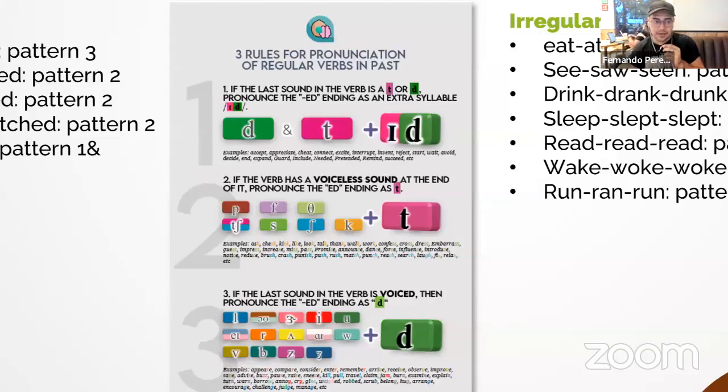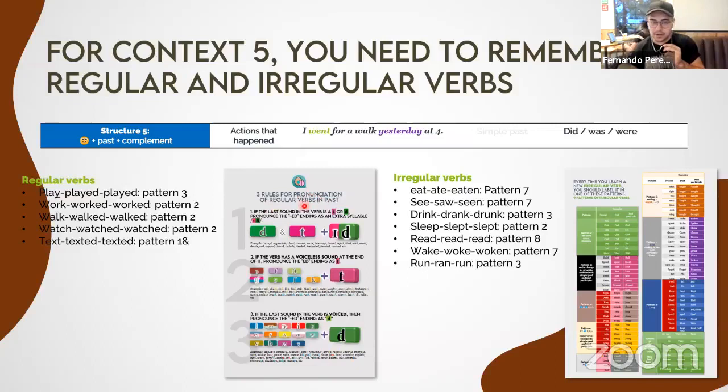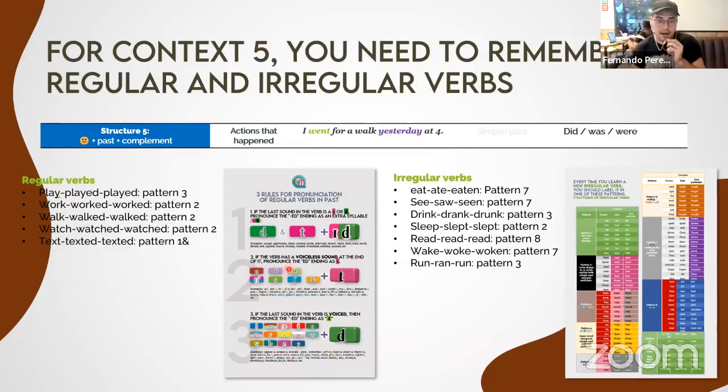The first page that has regular verbs, and the second page that has irregular verbs. The verbs that you are going to practice in the exam are here in this section. And you need to read, you need to memorize, and you need to know those verbs as soon as possible. Those are the minimum verbs that you need to study.